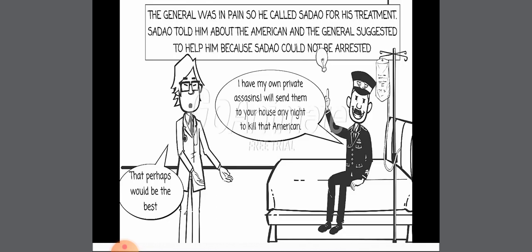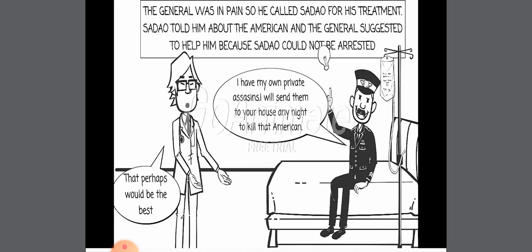Okay, now what happened? The general was in pain, so he called Sadao for his treatment. Sadao told him about the American, and the general suggested helping him because Sadao could not be arrested. Now he had that fear actually.